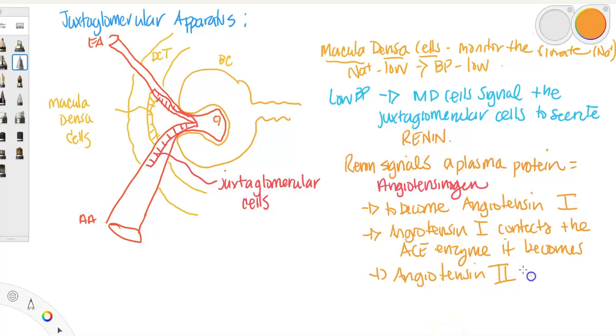Okay, so now we have angiotensin 2. So what does angiotensin 2 do? The effects of angiotensin 2 are these.